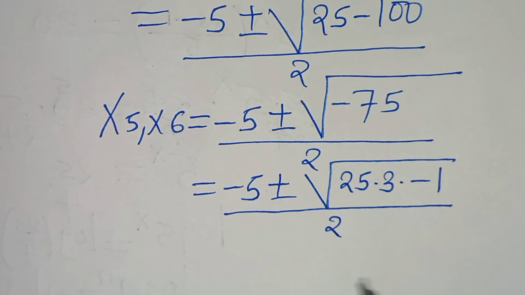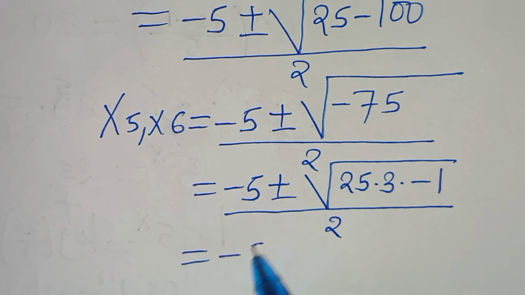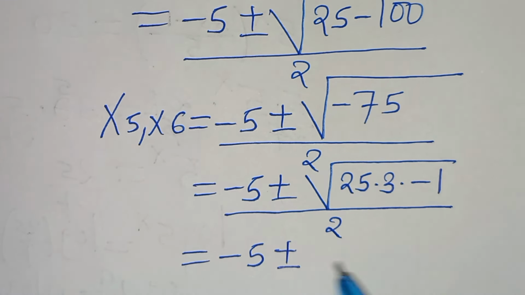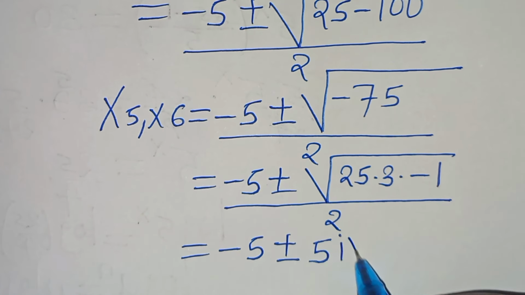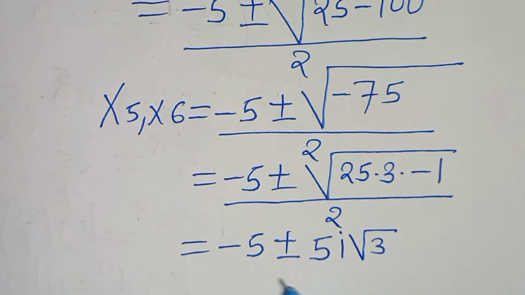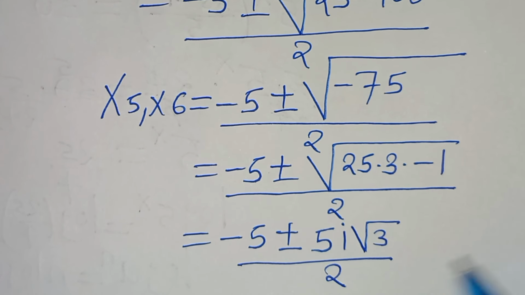So therefore, we have minus 5 plus or minus the square root of 25, this is 5, the square root of minus 1, this is i, then square root of 3, everything divided by 2.